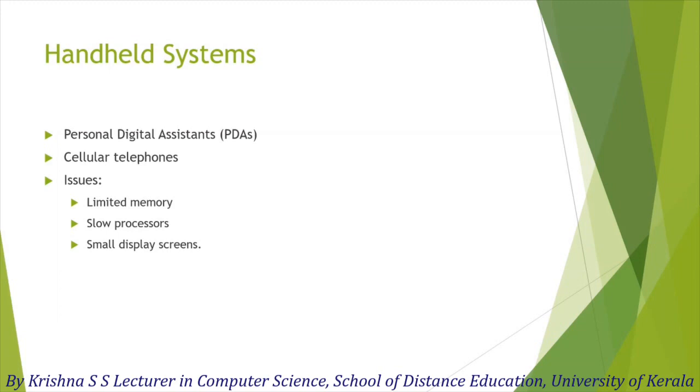Operating system and applications must manage memory efficiently. This includes returning all allocated memory back to the memory manager once the memory is no longer being used. Second issue of concern to developers of handheld devices is the speed of the processor used in the device. Processors for most handheld devices often run at a fraction of the speed of processors in a PC.